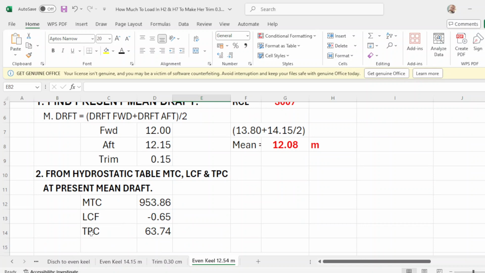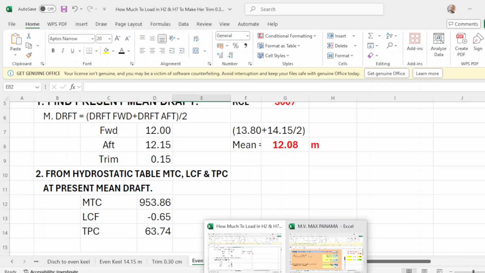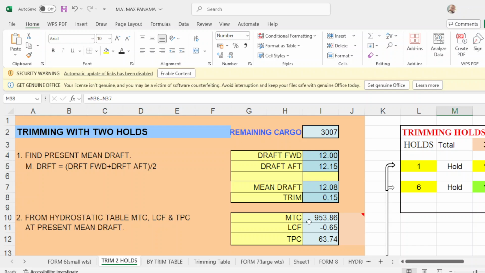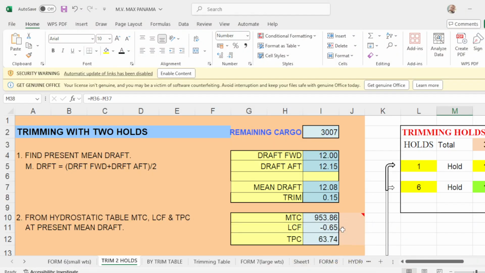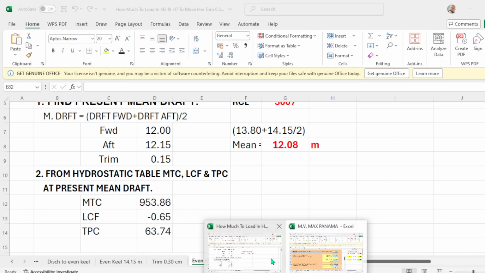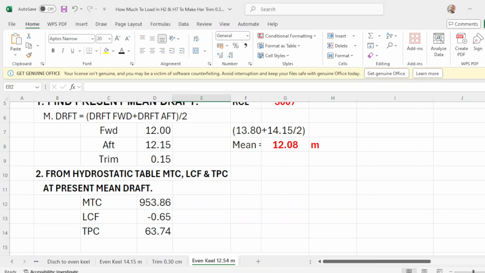Input your MTC, LCF, and TPC of the drop of 12.08. So MTC is 95386. LCF is negative 0.65. And your TPC is 63.74. Okay. Then you go to number 3.